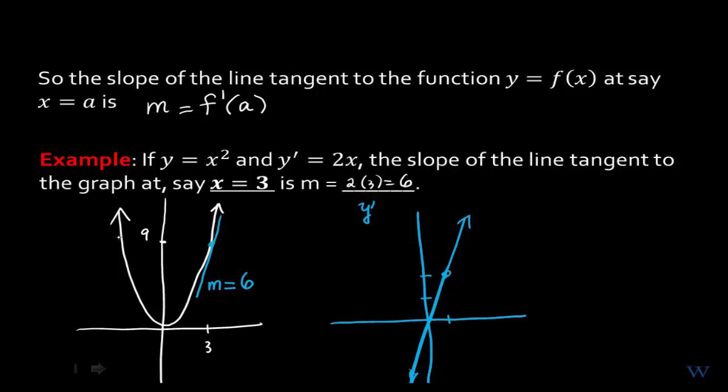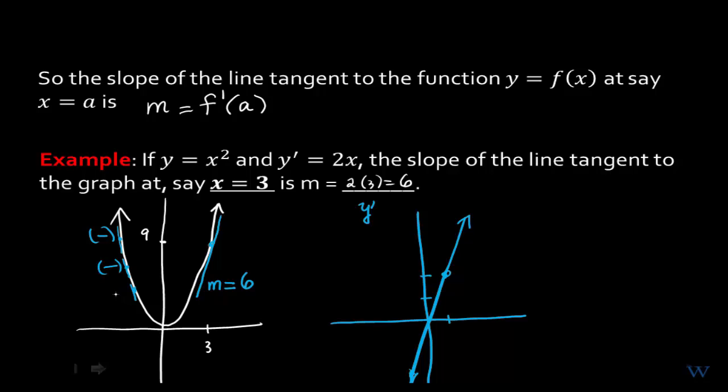Suppose we take a point to the left of 0, say at a negative number of x. We have that the slopes of the lines tangent to the curve to the left of 0 are all negative.